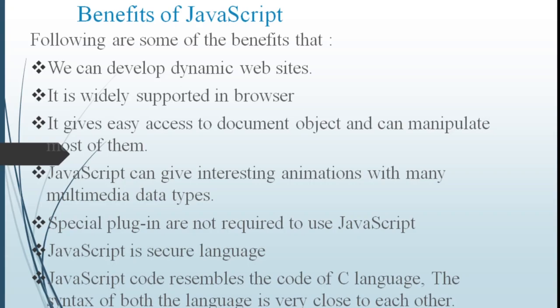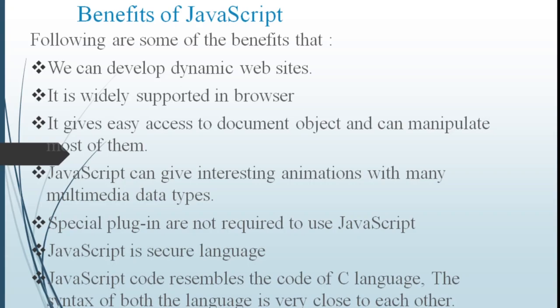By using JavaScript, we can develop dynamic websites. It is supported in browsers. It gives access to the document object and can manipulate most of them. We design them with a DOM and can be manipulated.